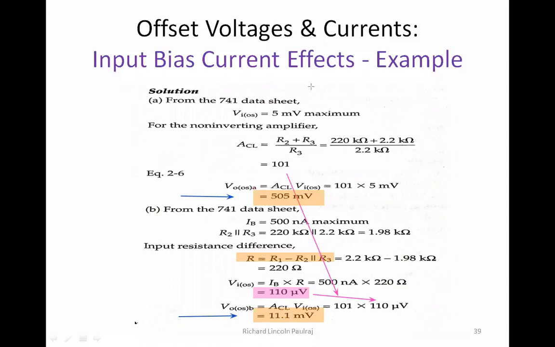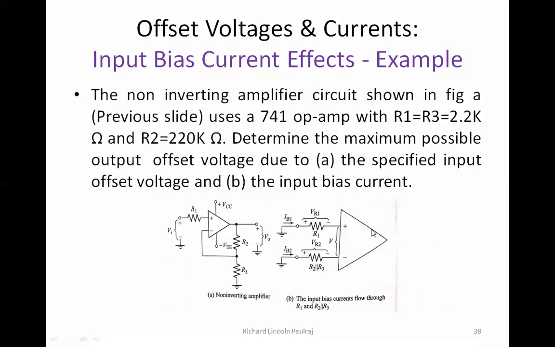So is this problem clear, students? What are we trying to learn in this problem? We are trying to learn that just because of differences in the resistance, there can be a change of output voltages. The resistances are the ones that we just drew, this one and the one below.